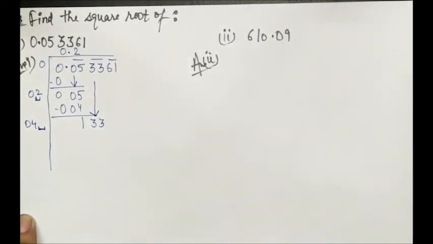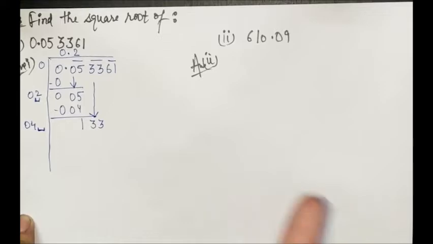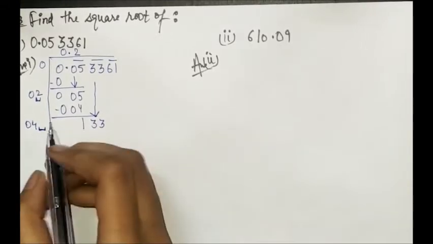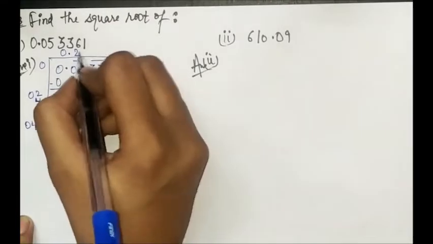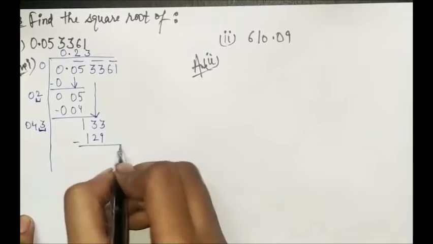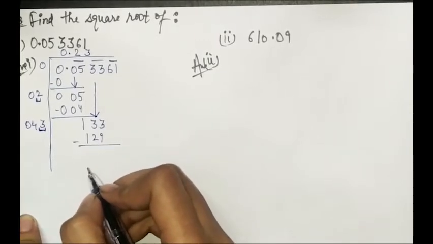I am not searching for the number by multiplying and showing you. You can do that on your own, and I am just writing the answer because I know. So 4 3 and 3, the answer will be 129, and by subtracting this we get 4.